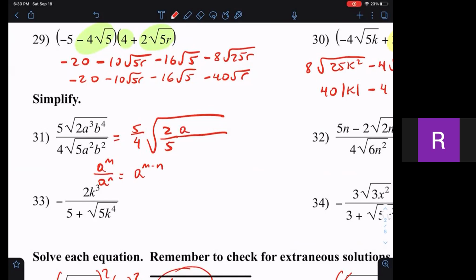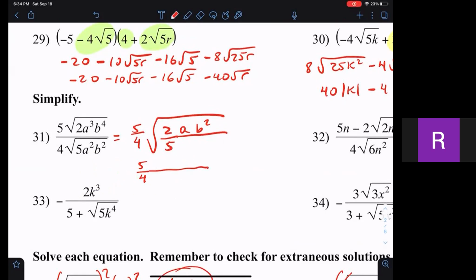And then we have b to the 4 over b to the 2, that's just b squared, right? And at that point, let's see where we can simplify. So 5/4, the square root of 2 on the numerator stays.